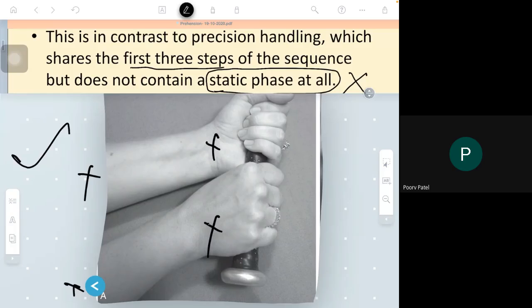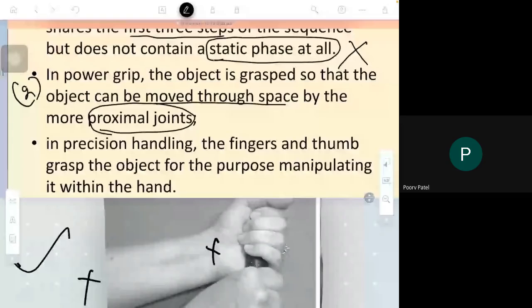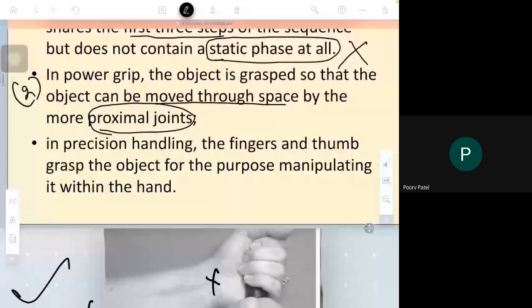After grasping an object, listen again carefully, in power grip, the object is grasped so that the object can be moved through the space by proximal joints.